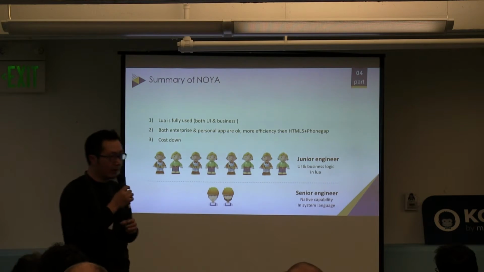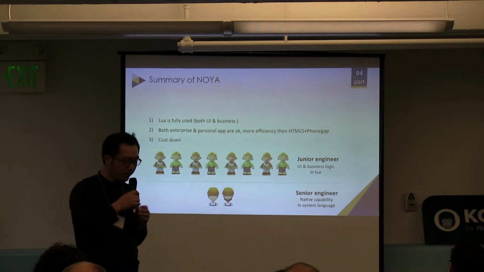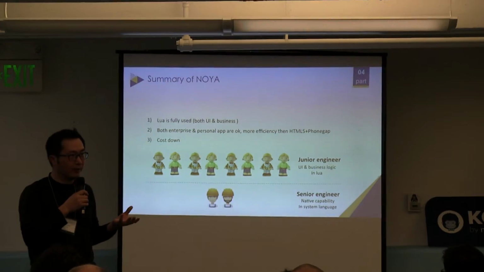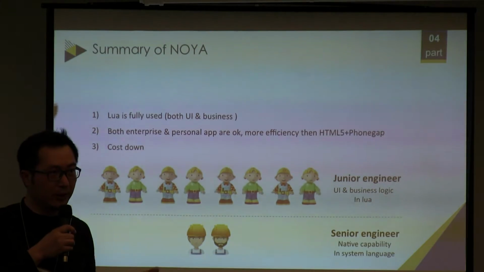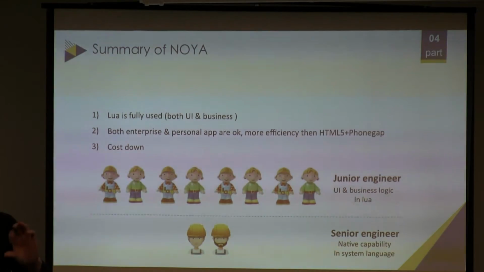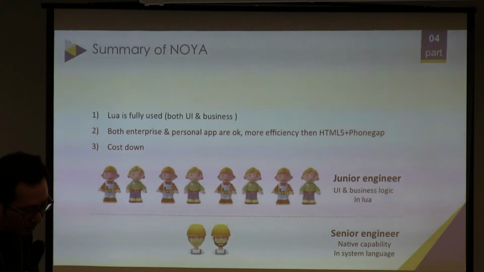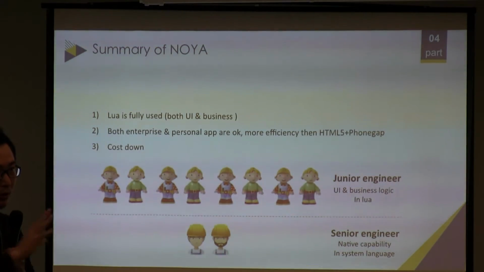For the last part, a summary of Lua. Lua is fully used for programming the UI and the business logic, instead of the native code. So the project team can be divided into two parts.